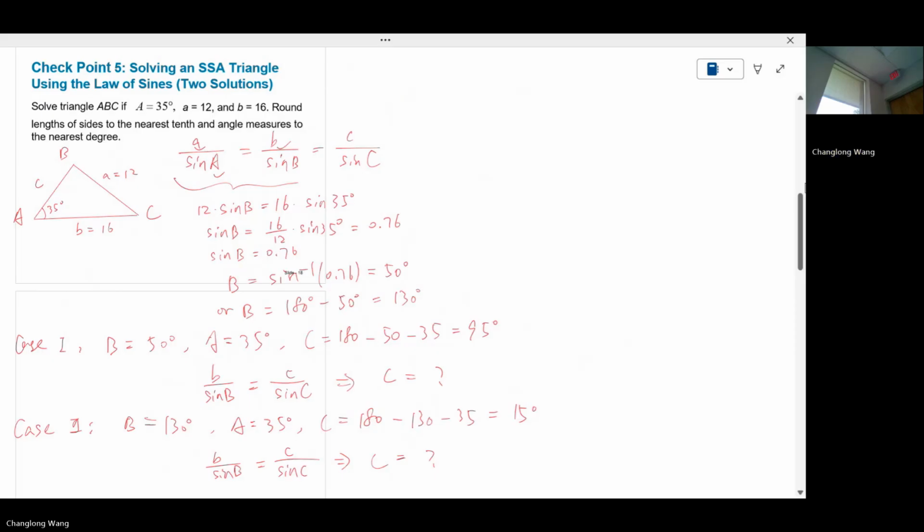But what if somehow the math works out and B is 20 degree. What's the other possibility? If it's 20, 160, right? So if you take 20 and 35, subtract them out from 180, you're going to get a fine angle for sure.